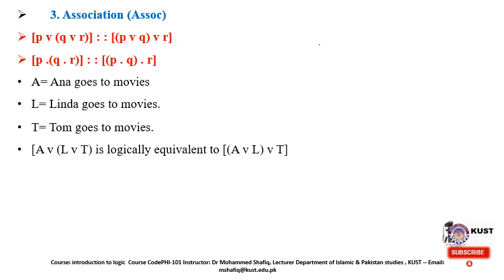Now, symbolically, when we use A for Anna, L for Linda, T for Tom, "either Anna or Linda or Tom" can be replaced with "Anna or Linda or Tom go to movies."